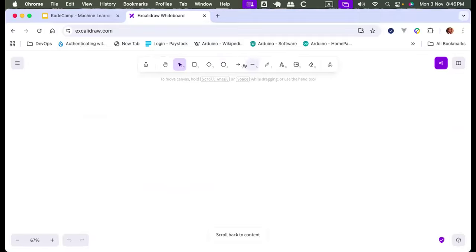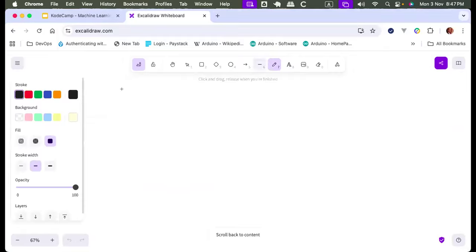Let's say I have 5 data points, X and Y values. I'm just going to use pencil. So I have X and Y values. It's too thick.